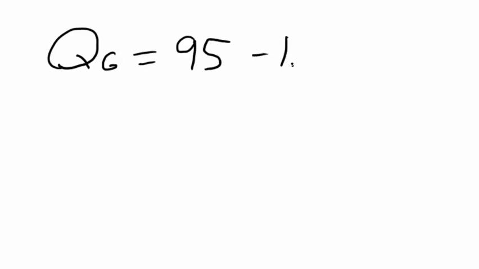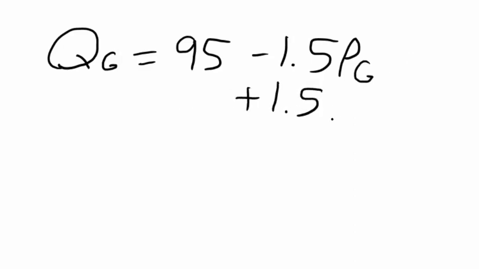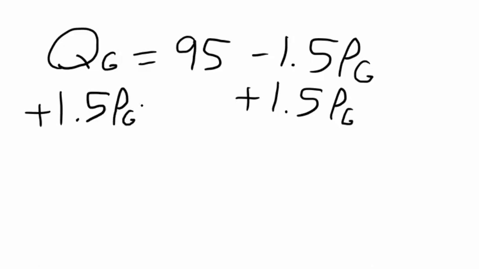Next up, we want to look at the quantity function for graphics cards. We had quantity G equals 95 minus 1.5 times the price of graphics cards. We want to add 1.5 times the price of graphics cards to both sides, and then subtract the quantity of graphics cards from both sides.